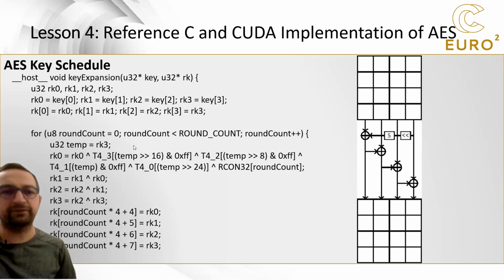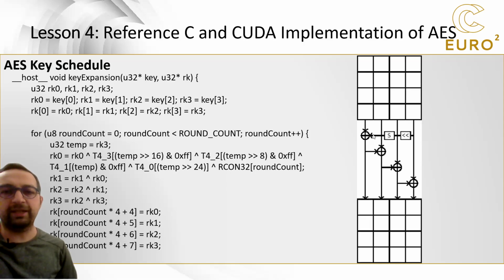So the code does the following. For instance, we take the rightmost column, make it equal to some temporary value, then rotate it and apply the sbox operation on it. Then there is a round constant XOR here. So this rotation, sbox, and round constant addition happens in this part of the code.